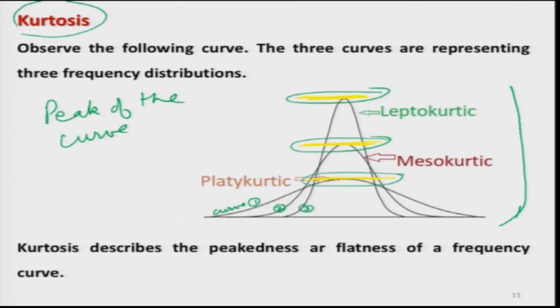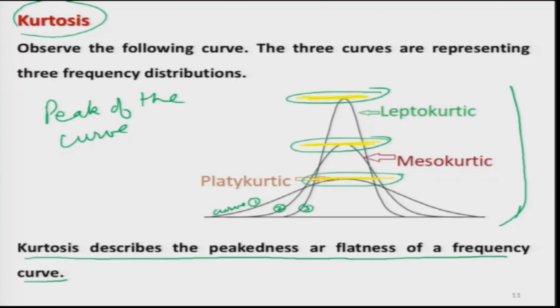So, the question is how to show this property of peaks and how to quantify it. This property of kurtosis describes the peakedness or flatness of a frequency curve. Flatness means how flat is the curve at the peak.